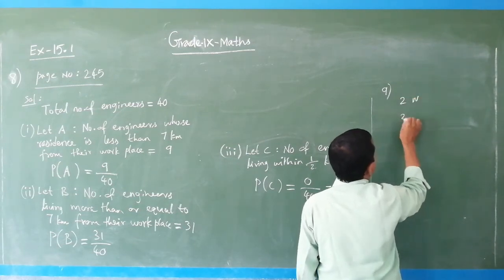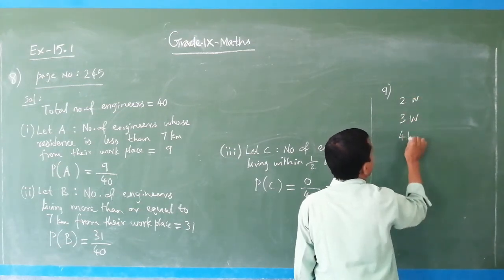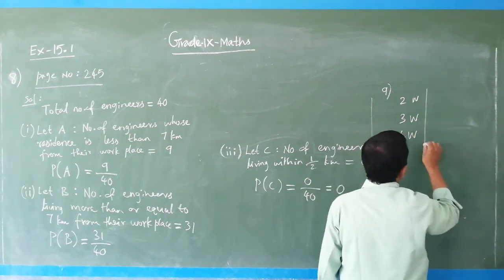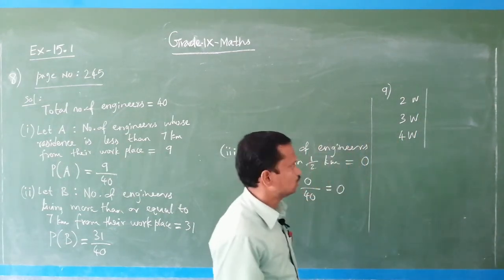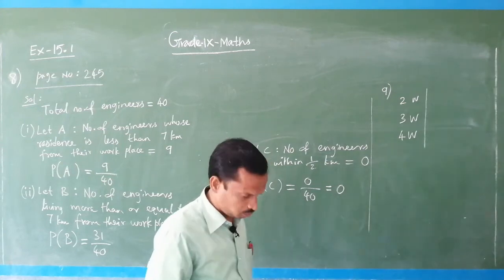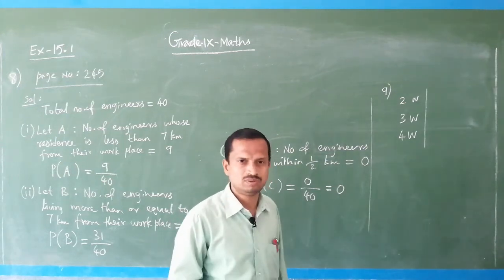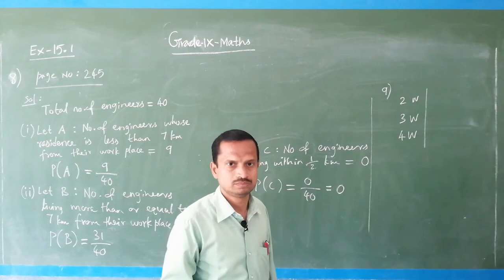Ninth sum: 2-wheeler, 3-wheeler, 4-wheeler. You consider a time interval, for example in the morning after finishing breakfast, 10 to 11.